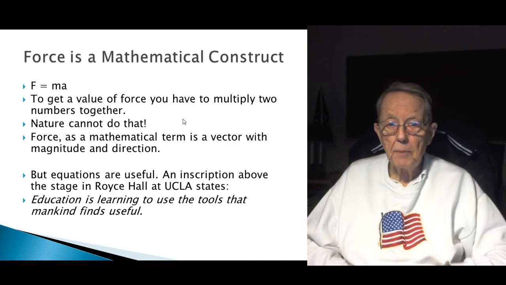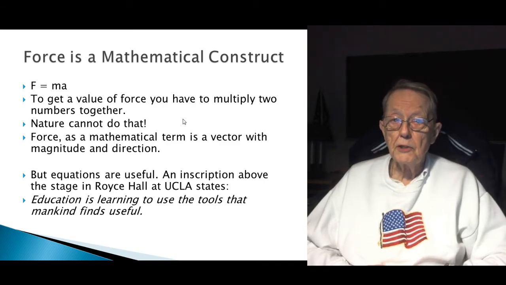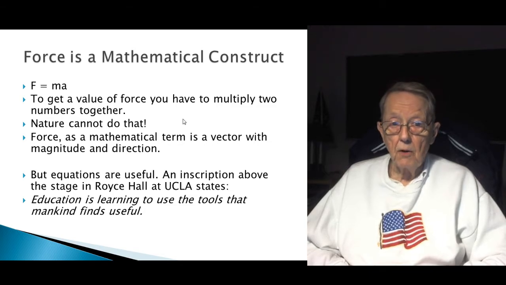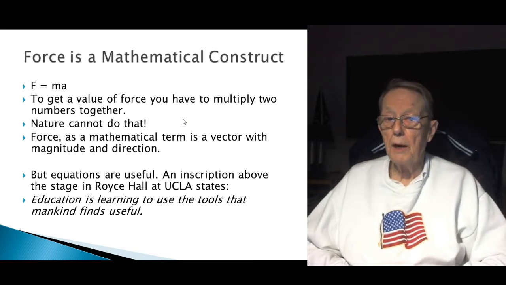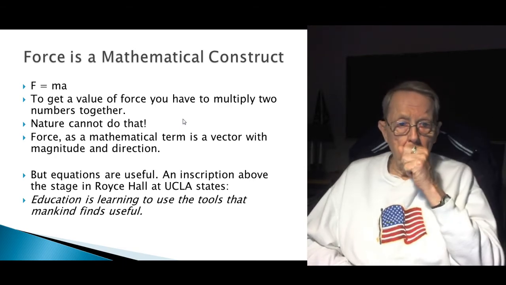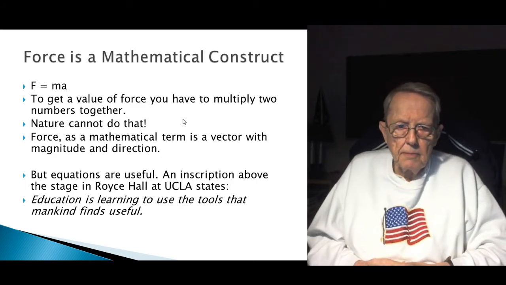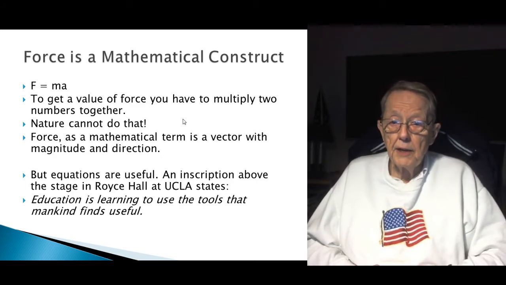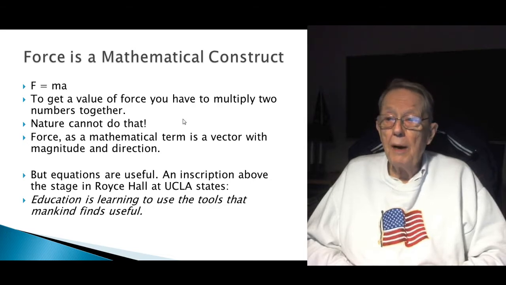Force is not real. What force is, is a mathematical construct. Force is equal to mass times acceleration. To get a value of force, you have to multiply two numbers together. Excuse me. Nature can't do that. A particle might know its mass, but it doesn't.